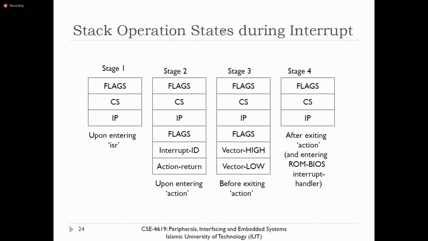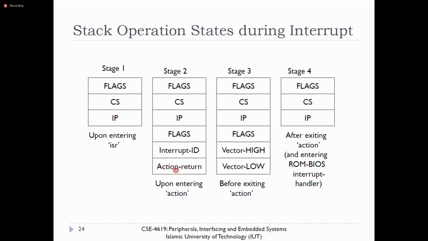And you know that whenever any interrupt executes in the system, it should go through these stages. Stage 1, these 3 values, the flags, code segment and instruction pointer, will be pushed into the stack, and a new flag value, new interrupt ID or action needs to be executed.